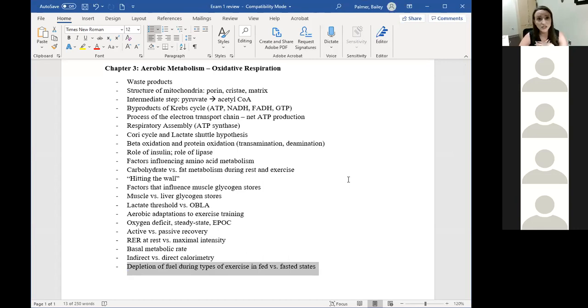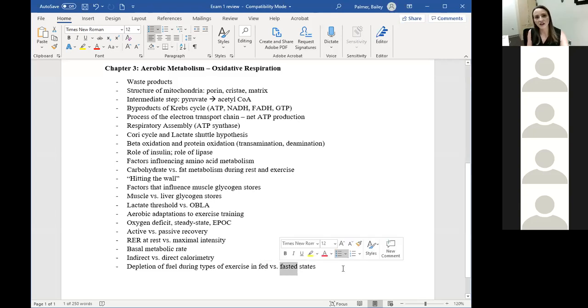Or if I'm doing this type of exercise, and I'm in a fed state, which just means I ate a lot of food or X amount of energy before I started my exercise, what fuel source will be depleted? Or if I'm in a fasted state, haven't consumed anything, what fuel source will most likely be depleted during a certain type of exercise?